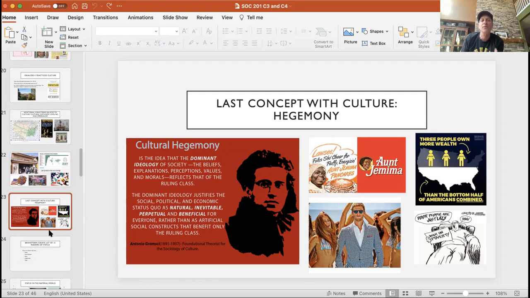The issue Gramsci is raising is not that the ruling class are necessarily controlling, though they are in part, but rather that the general population has also developed ideologies that reinforce and protect the system itself, cultural beliefs that represent ruling class interest. So this is the idea for Gramsci and hegemony.